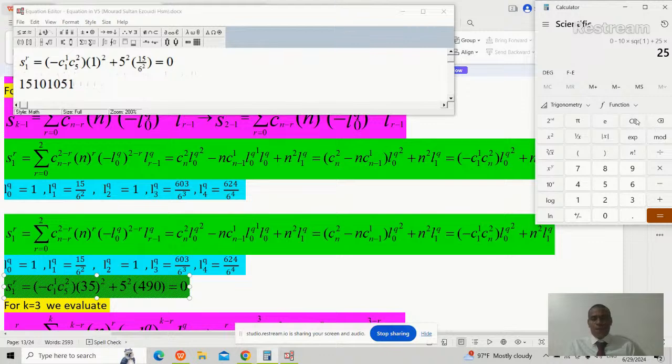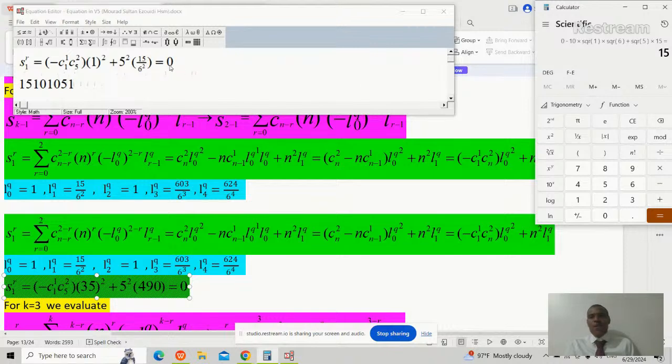We have negative 10 multiplied by 1 squared multiplied by 6 squared, to get a common denominator, plus 5 squared multiplied by 15, equal to 15 divided by 36.